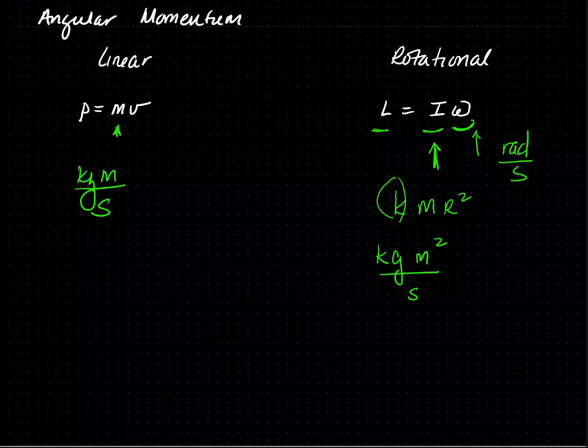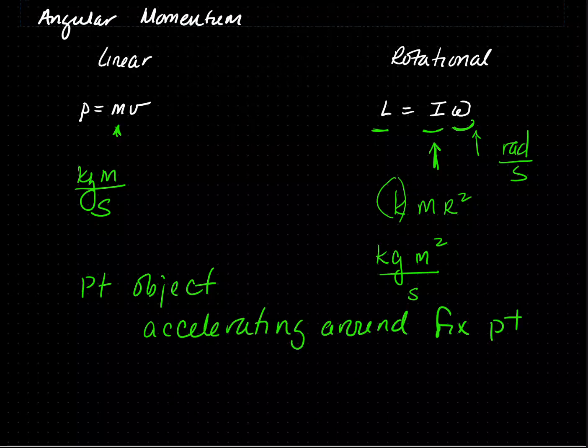For angular momentum, there are two generic formulas you need to memorize. If it is a point object that is moving around a fixed point, angular momentum is equal to r, the distance from the axis, times momentum.